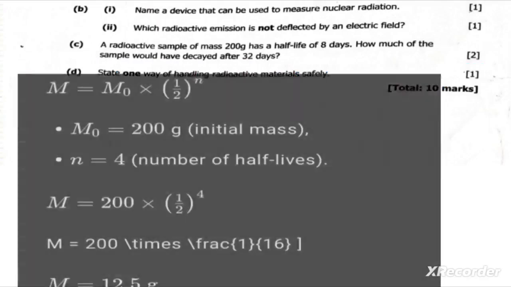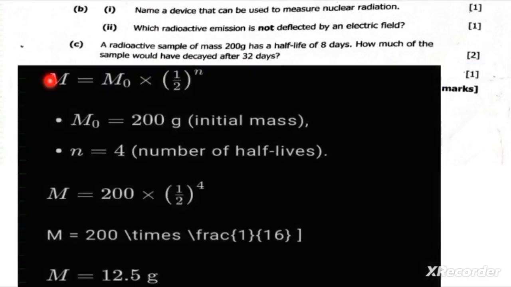Alternatively, we can also use this formula. The remaining mass is equal to the original mass times half to the power n, where M0 stands for the initial or original mass and n stands for the number of half-lives. So 32 divided by 8 is equal to 4. We have 4 half-lives.